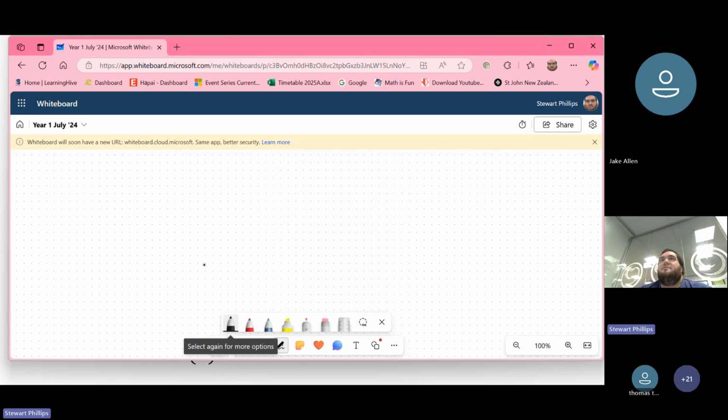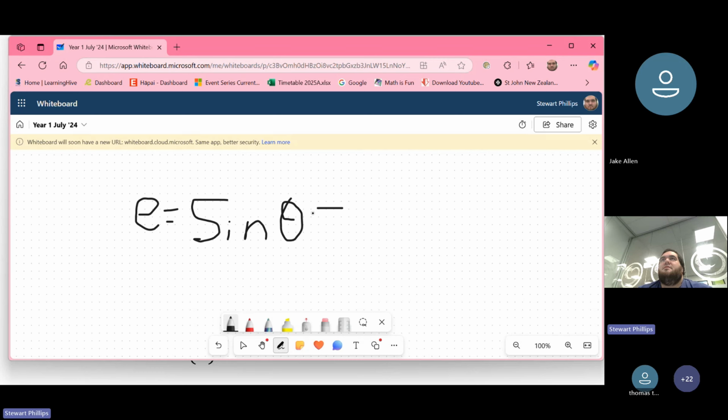Cool. So we take our small e equals big E sine theta. Basically, if we take the small e and we divide it by sine theta, then we're dividing both sides by sine theta.